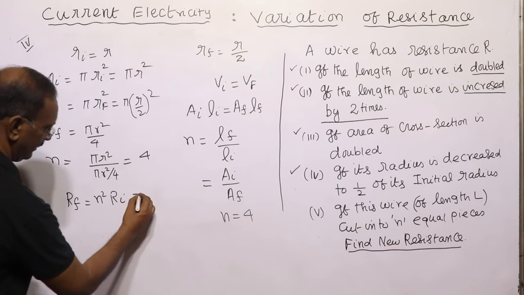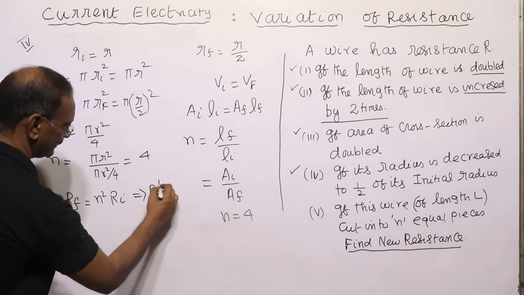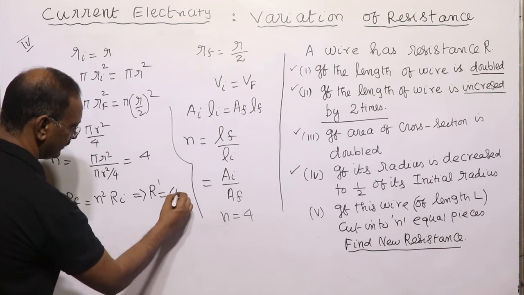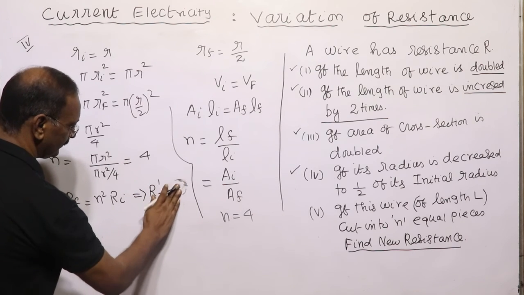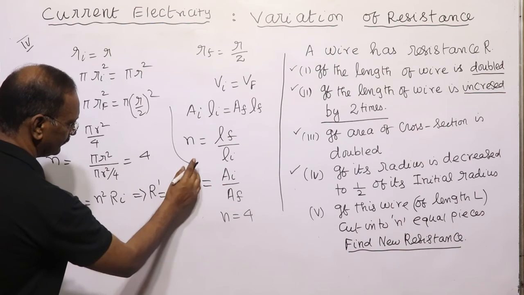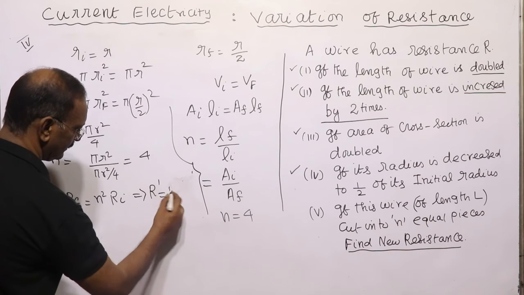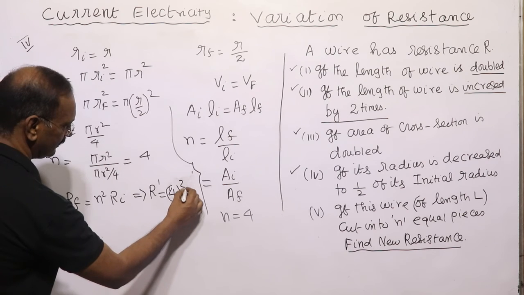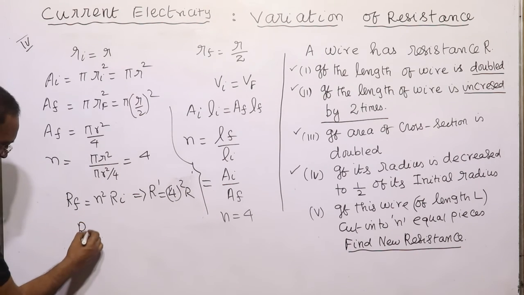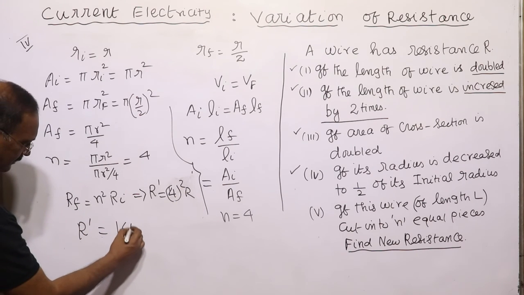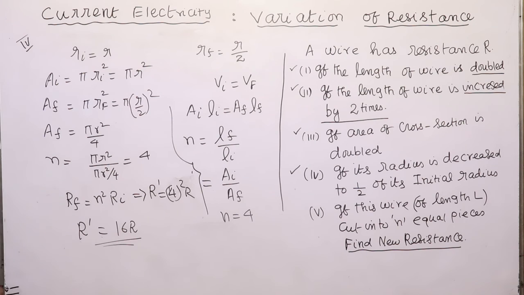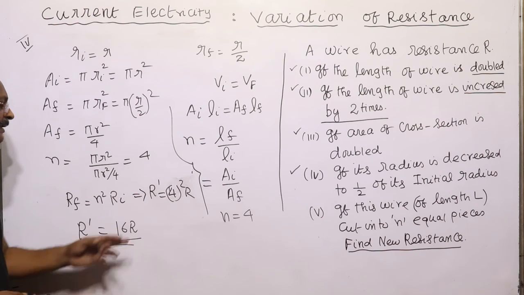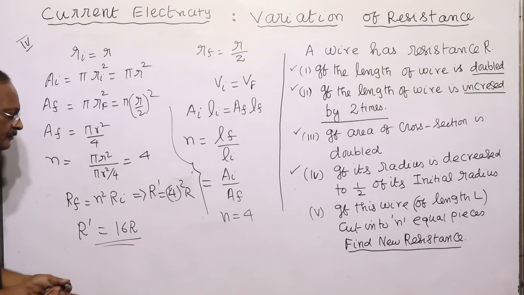So R final, which we can call R dash, is equal to n square, that is 4 square, into R. Therefore final resistance is equal to 16R. It means the final resistance is increased 16 times the initial resistance.